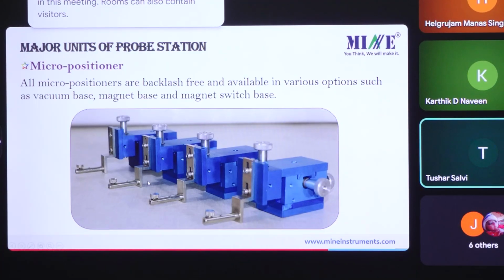If you want 100 micron resolution, we can provide it. In between, we provide all kinds of customization. Many times customers say they want to change that section to suit their needs, so we change those things and provide customizable solutions to users.